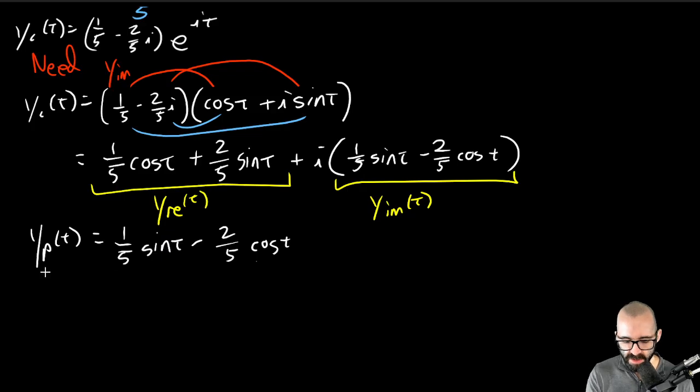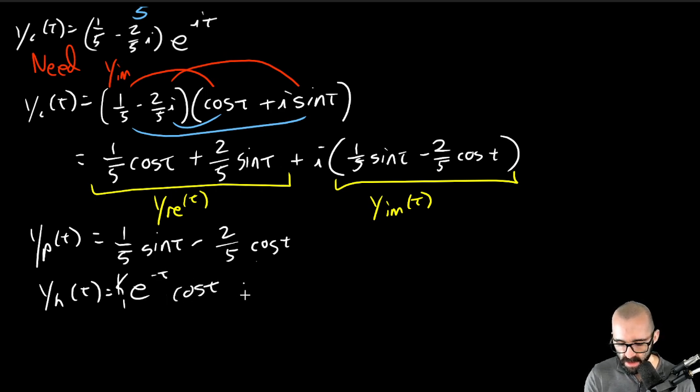We have our particular solution. Remember, we already found our homogeneous solution. That was k1 e to the negative t cosine t plus k2 e to the negative t sine t. And so remember that by the extended linearity principle, the general solution to the forced or non-homogeneous differential equation is going to be the sum of these two.